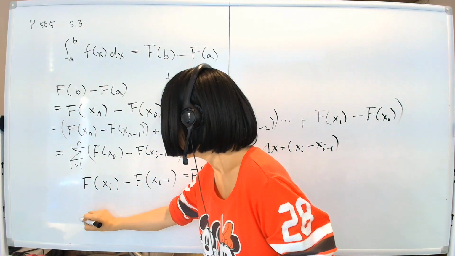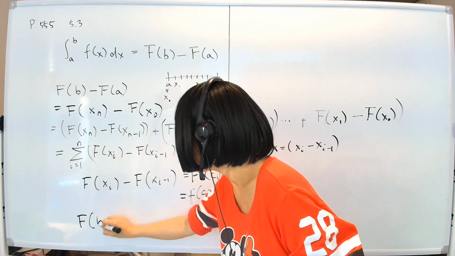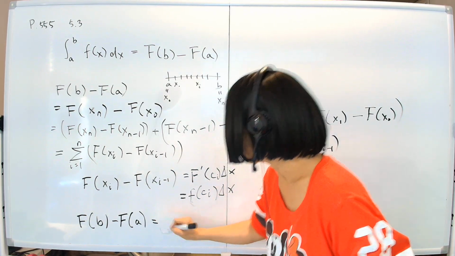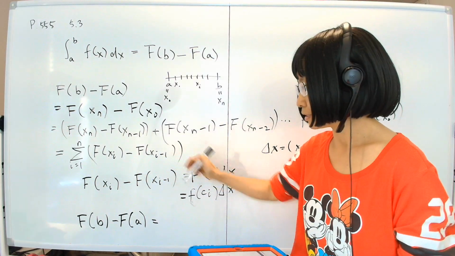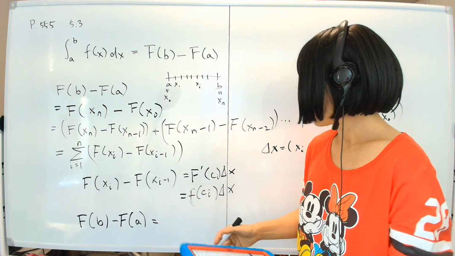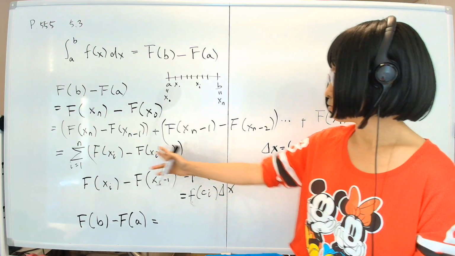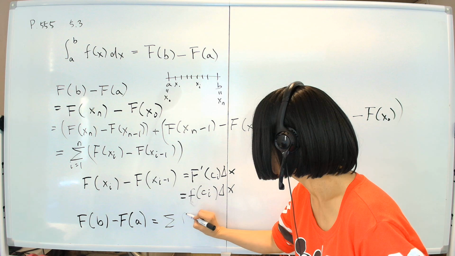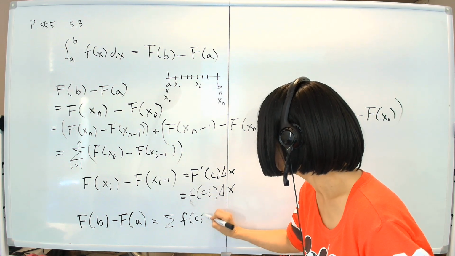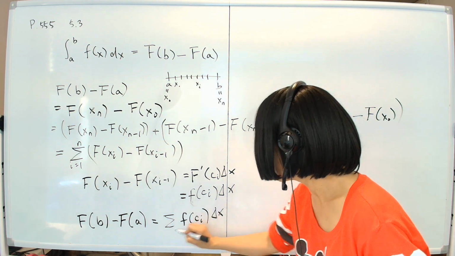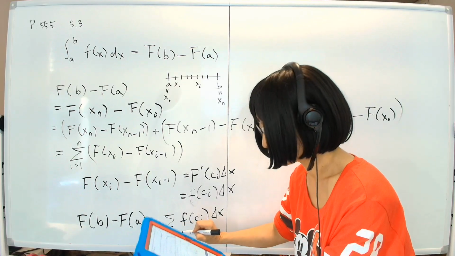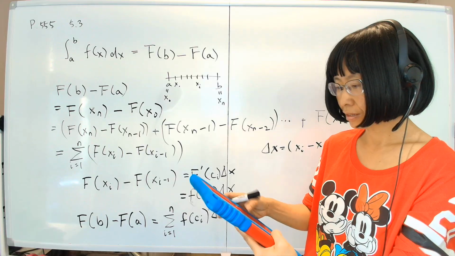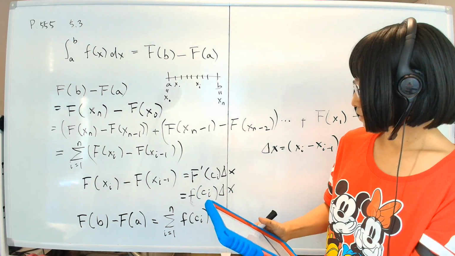Okay, so we'll rewrite that as big F of b minus big F of a equals this summation of stuff that we did earlier, which we can plug into this term, which is the summation of f of ci delta x, where i goes from 1 to n. All right, now so far so good.